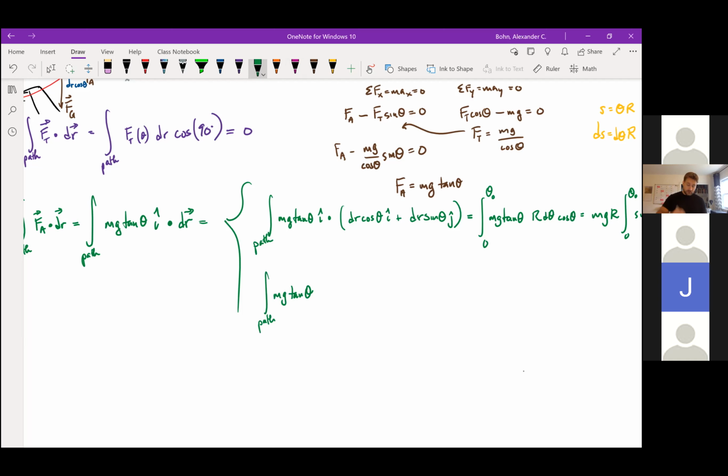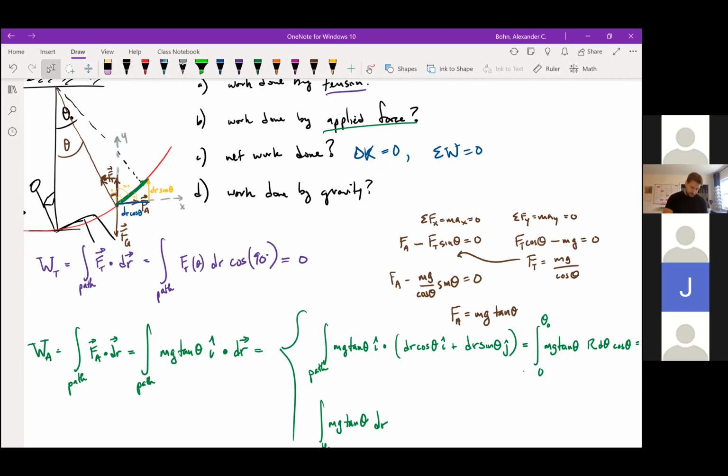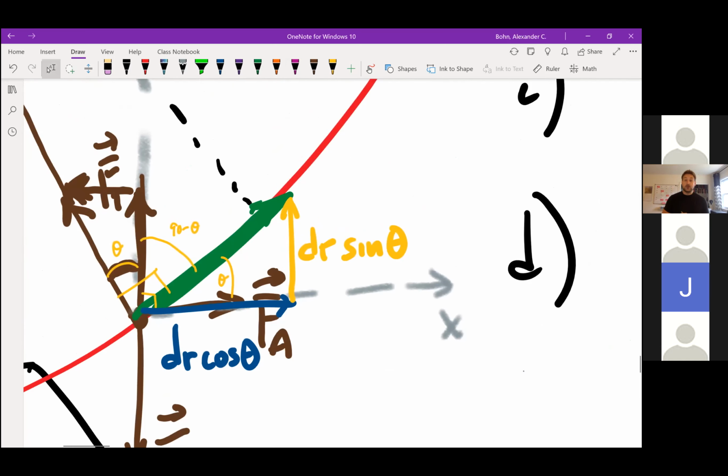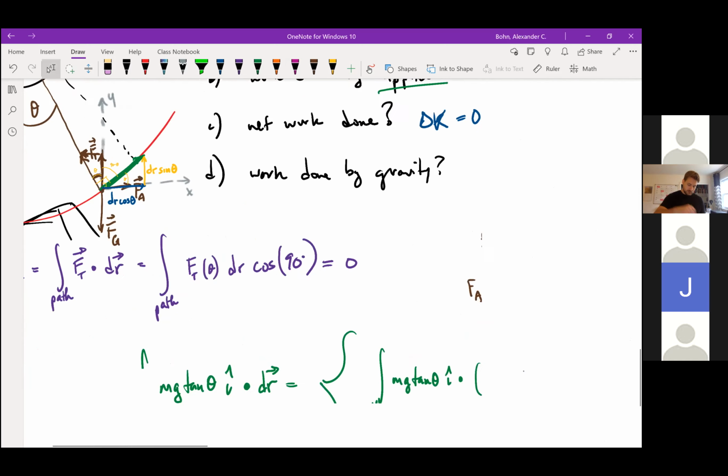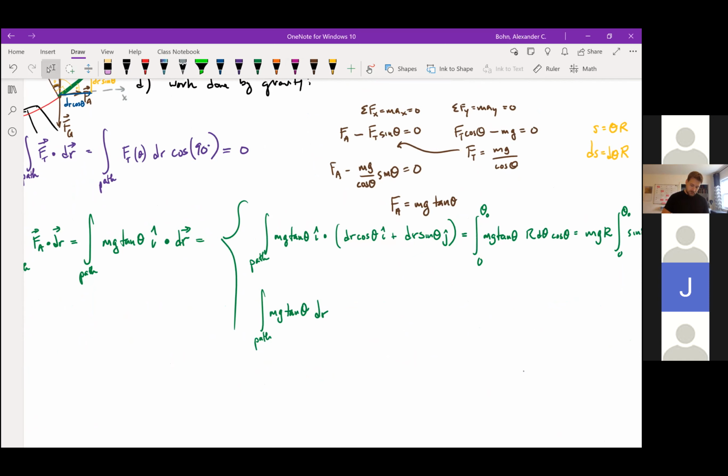The magnitude of the force, the magnitude of the displacement, and the cosine of the angle between them. The force is horizontal, the displacement is at an angle theta. We wrote that already. Magnitude, cosine of the angle between.